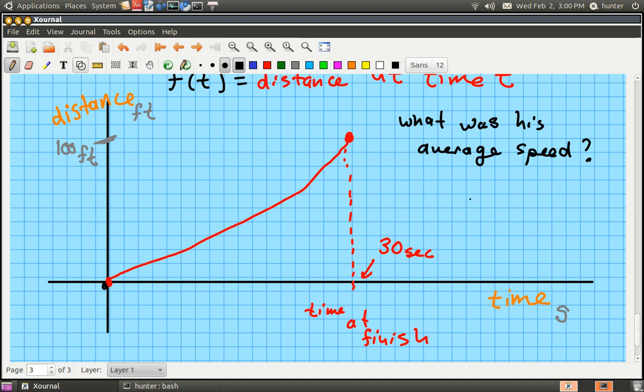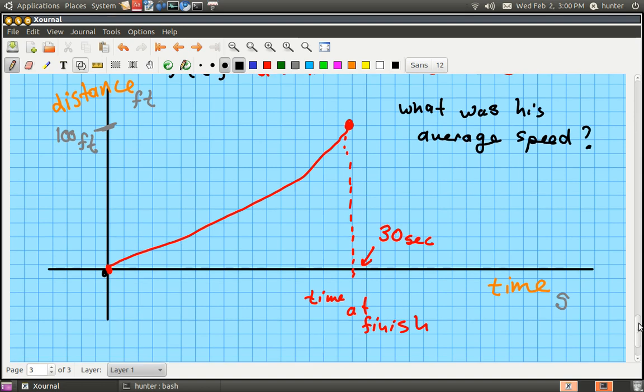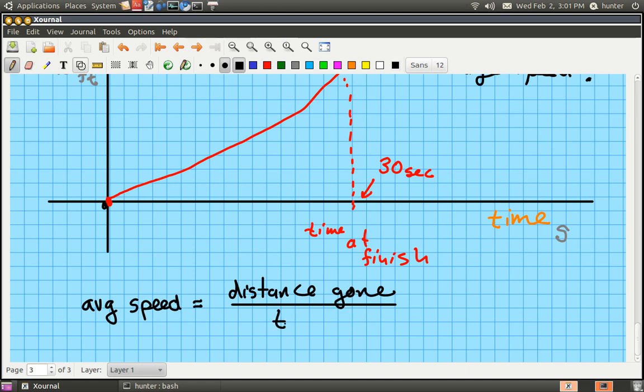How could we do that? It's just how far he went divided by how long it took. There's no way to reason that out. That's just the definition of what average speed is. So average speed is equal to distance gone divided by time taken.